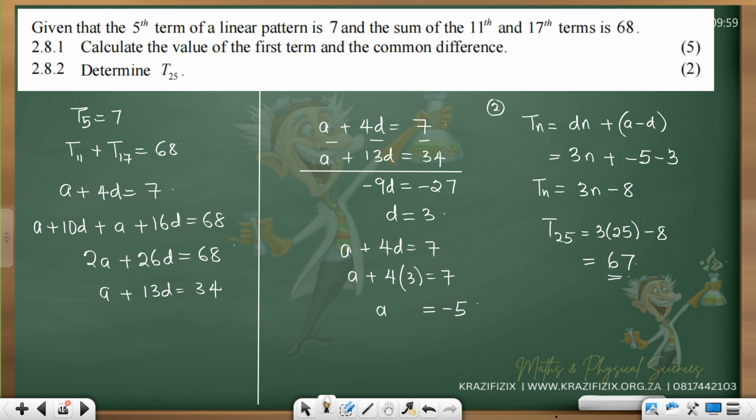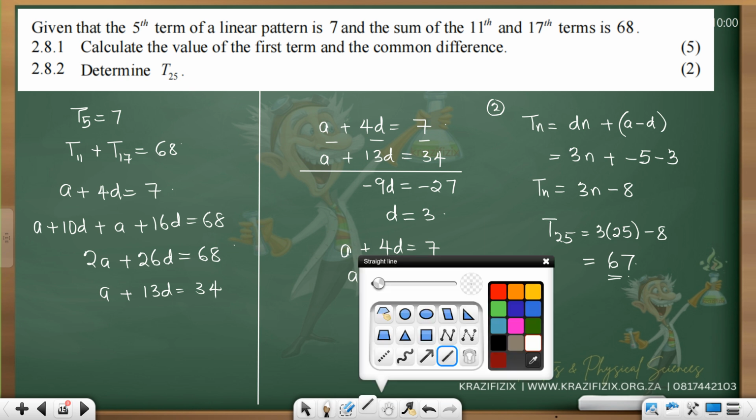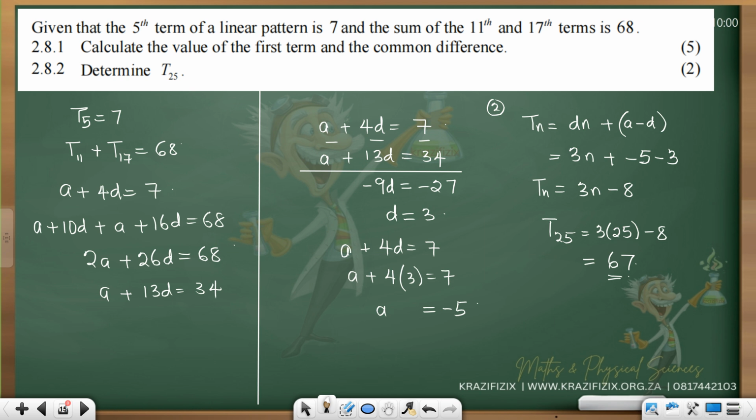So here when you said A plus 10D plus A plus 16D, the second step takes 2A plus 26D, and then we move on to say A plus 4D equals 7. I'm very lost. Do you know what T5 is? I'm only interpreting that. What is T5?